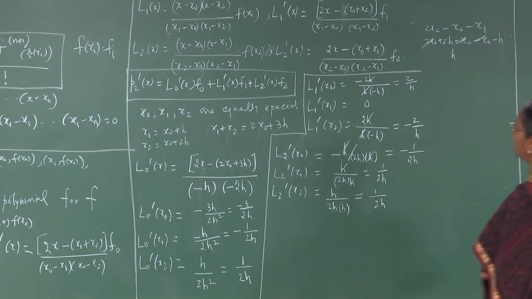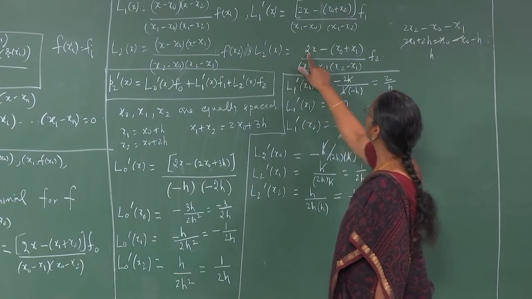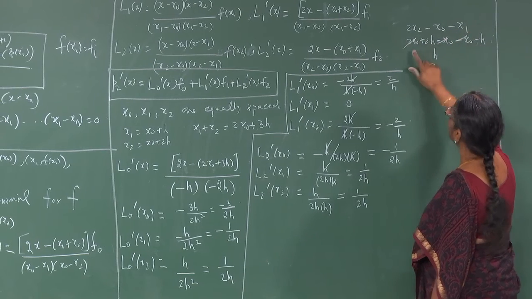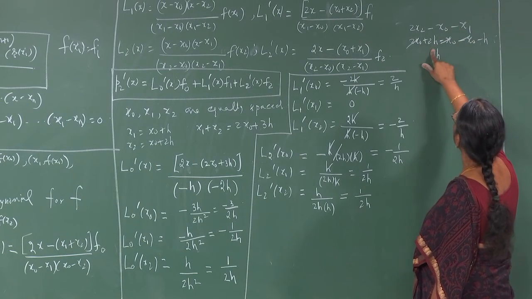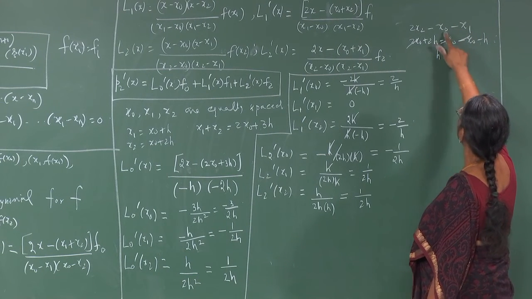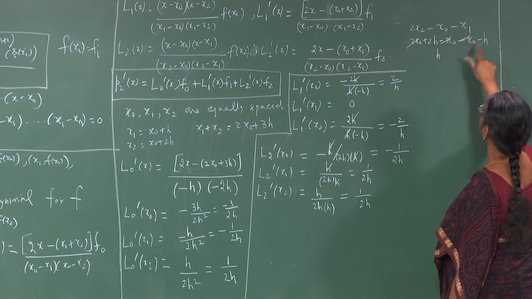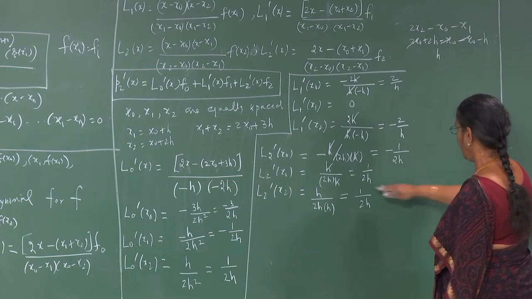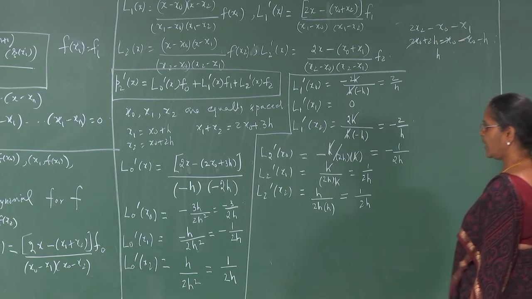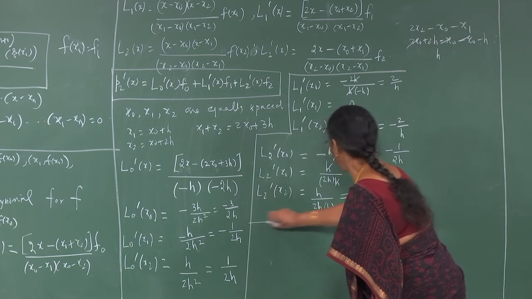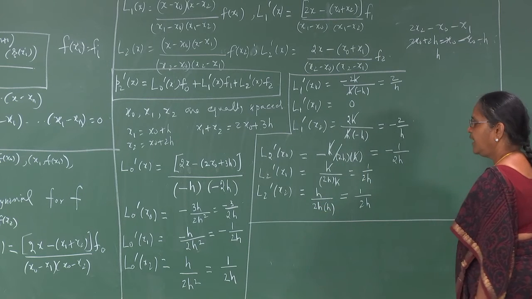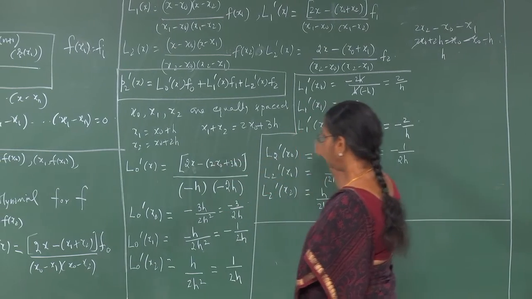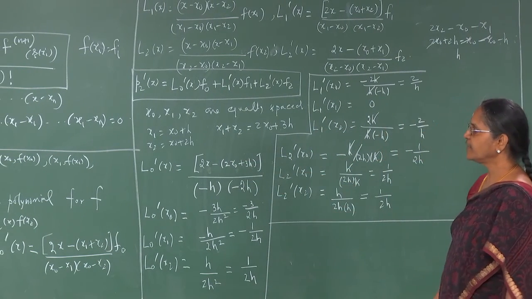So, let us just check what is L2 dashed at x2. 2x2 minus x0 minus x1. So, 2x0 plus 2h minus x0, x1 is x0 plus h. So, minus x0 minus h, and that gives you h, and therefore, L2 dashed at x2 has been computed. So, we have evaluated all these derivatives at the nodal points.